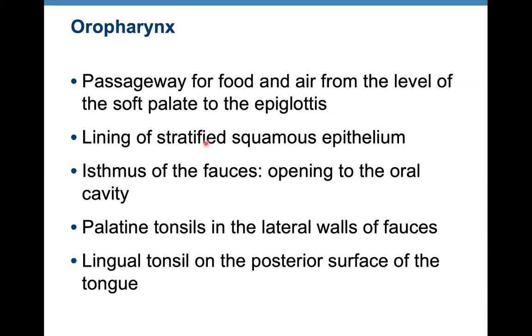And you want to have a much more beefed up, quote unquote, epithelial lining. The isthmus of the fauces is the opening to the oral cavity. The palatine tonsils are located in the lateral walls, and the lingual tonsils are on the posterior surface of the tongue.